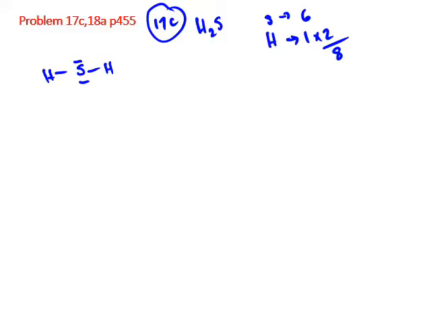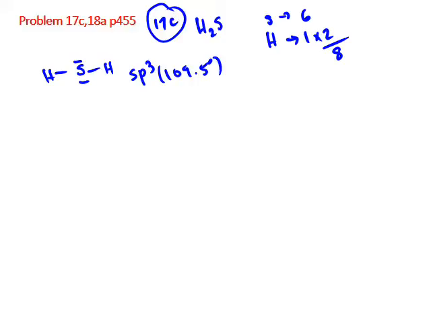Now let's figure out the shape based on the number of electron pairs. I have 4 electron pairs, and that means the hybridization is going to be sp3. Remember that you need to combine 4 orbitals because you need 1 hybrid orbital for each electron pair. So sp3 goes with 109.5 degrees. So this cannot be a straight line or linear molecule. It has to be a bent molecule, because to be linear, the angle has to be 180 degrees.